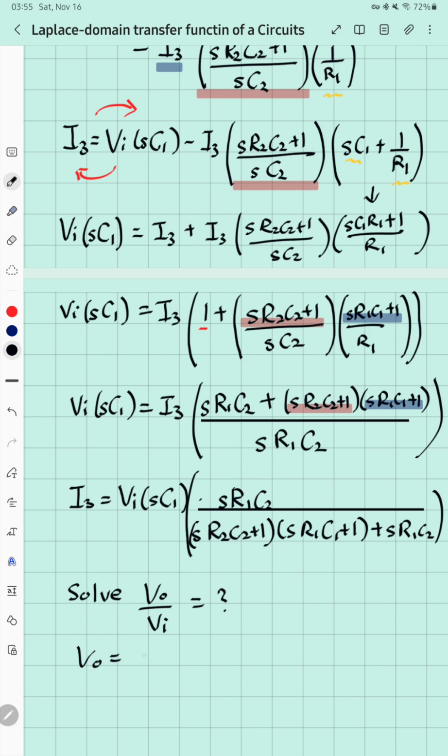V out was VC2, across the capacitor 2, and that was I3 ZC2, which is I3 times 1 over SC2.